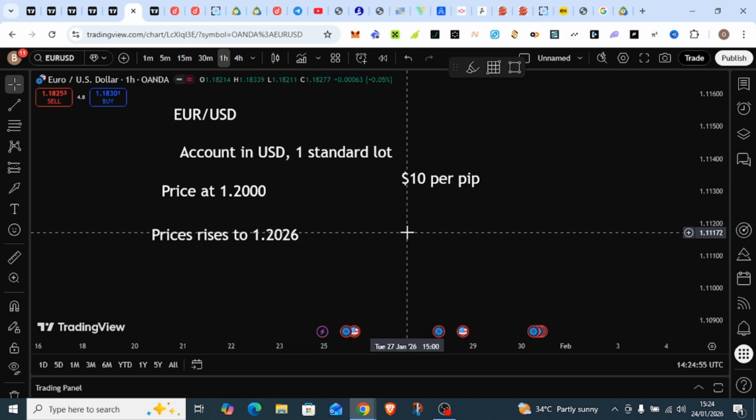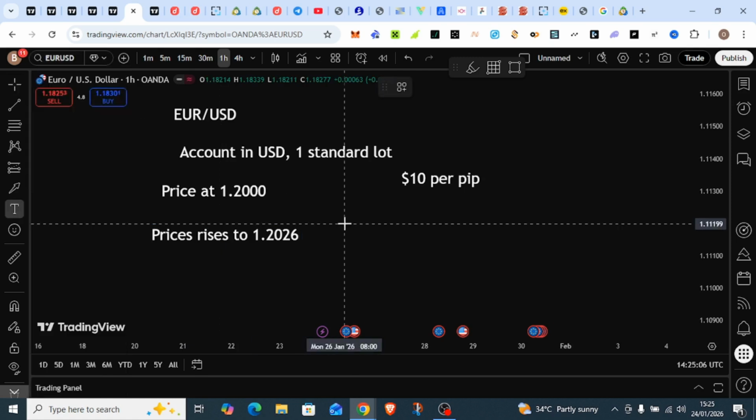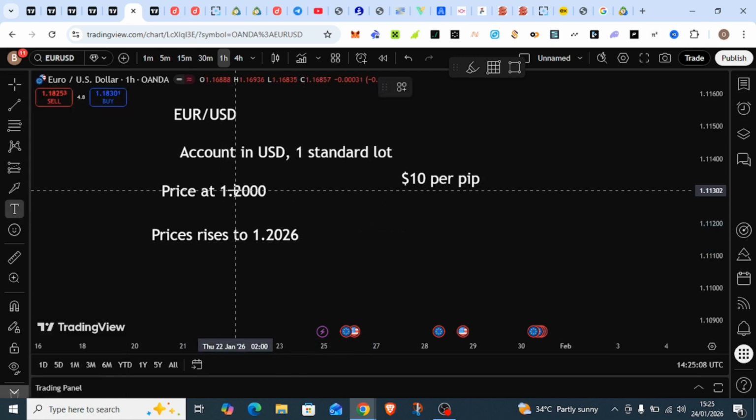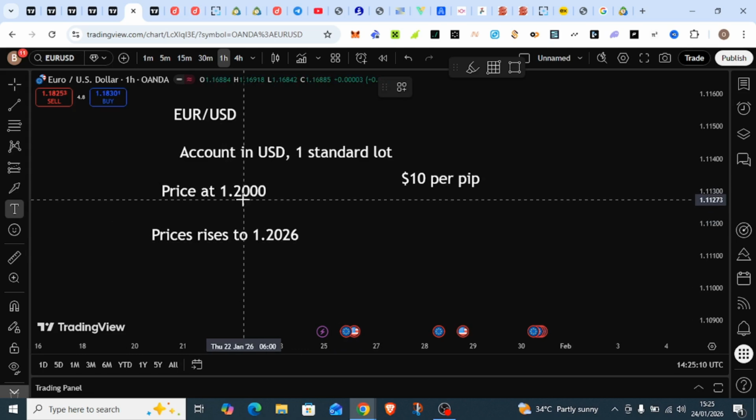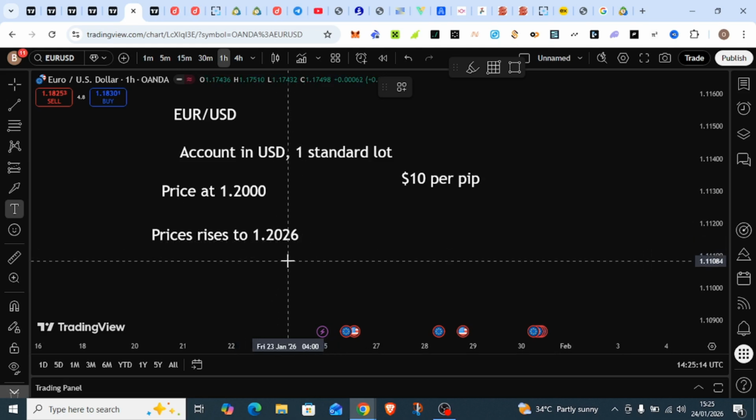So if we do that, we get 26 pips. So when price moves from this price to 1.2026, we have 26 pips movement. Right, let's write it, 26 pips movement.